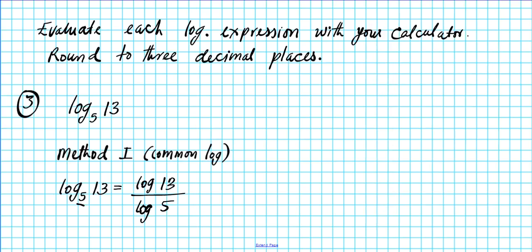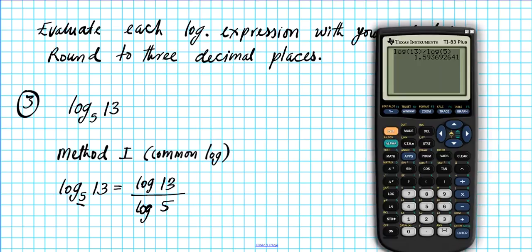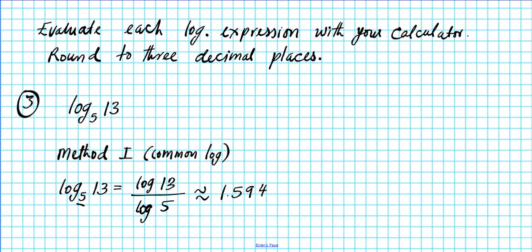This is approximately 1.59, and then the 4th decimal place is 5 or greater, so we carry 1 over. 1.594. That is your final result.